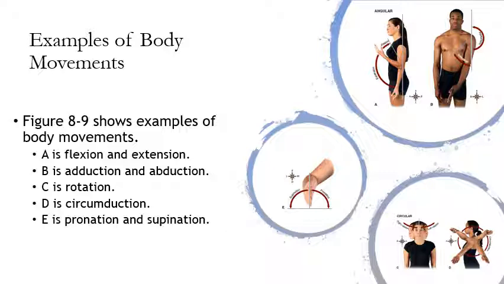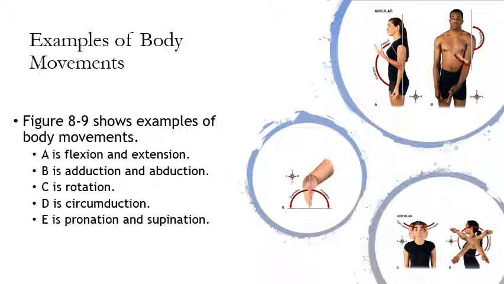Then when we look at the hand, which is letter E, E shows that if your hand is in anatomical position, you will find that the hand is positioned facing up.